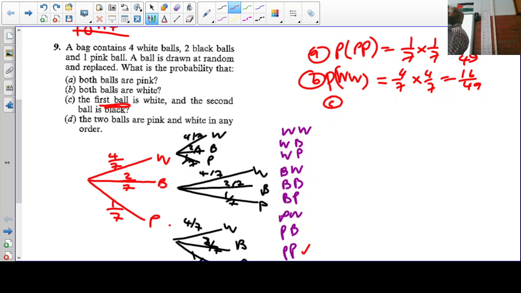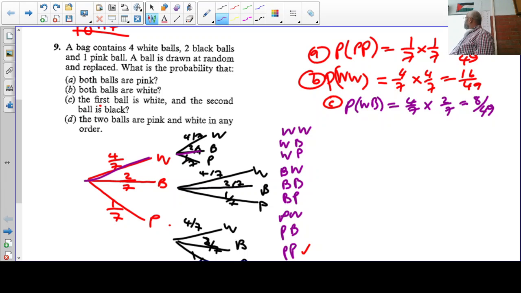No. It says the first ball is white and the second ball is black, so we don't have the option of taking black then white. It must be white then black. You guys understand? So the probability is white, 4 over 7, times black, which is 2 out of 7, which is 8 out of 49.